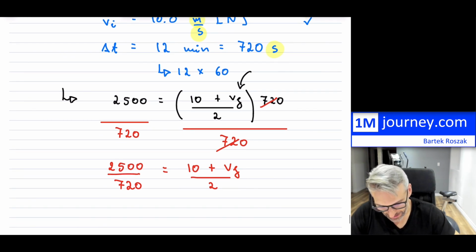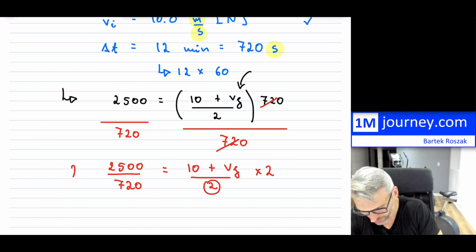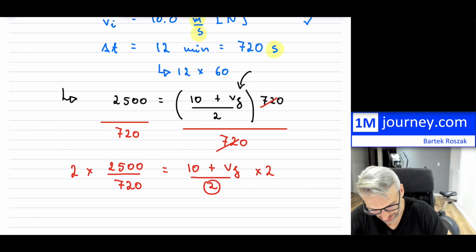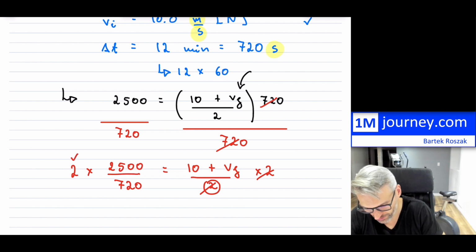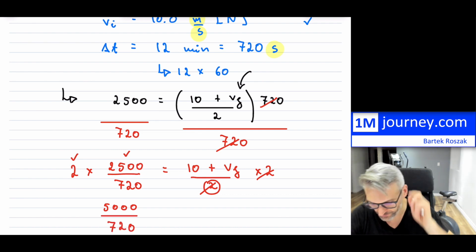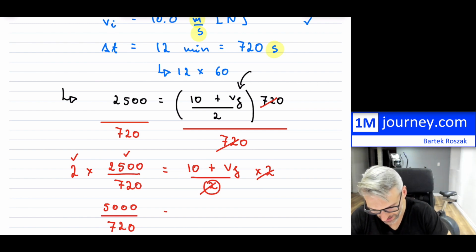Now, I can see that I have a 2 in the denominator, so I can multiply this by 2, and multiply this by 2, and this 2 will be gone, and this will help me. So 2 multiplied by this is going to be 5,000. Now you can certainly reduce your fractions if you're comfortable with reducing. I'm just going to leave it as it is, because I can let my calculator do the work at the end. And this is what I have up to this point.